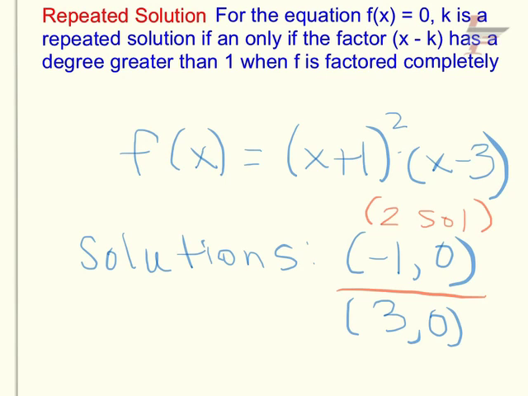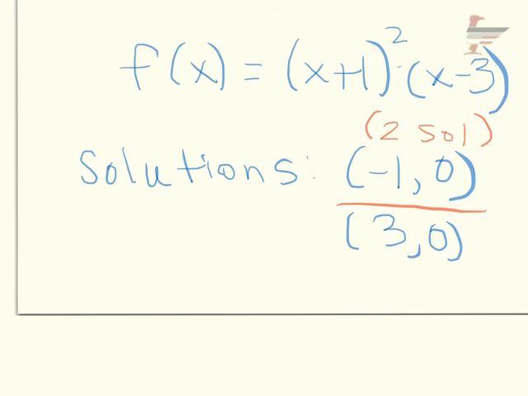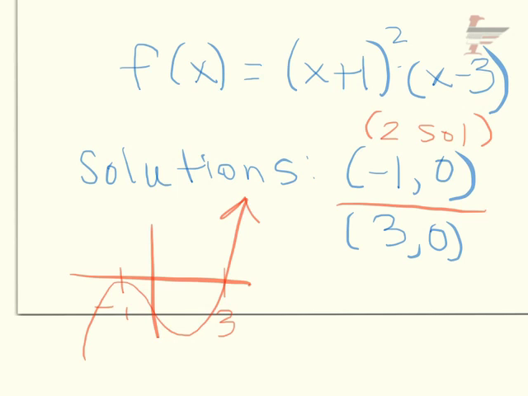Now, what does that look like on a graph? Something else you should note. If I just sketch a graph here, let's say it's -1, and let's say here's +3, and this is a cubic function, so it might do something like this. If it touches but doesn't cross through, that counts as a repeated solution. So that point at -1 I know counts as more than 1 solution.